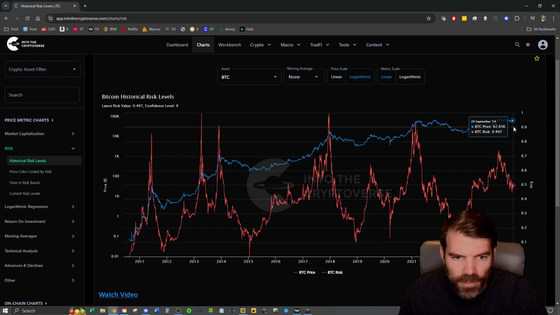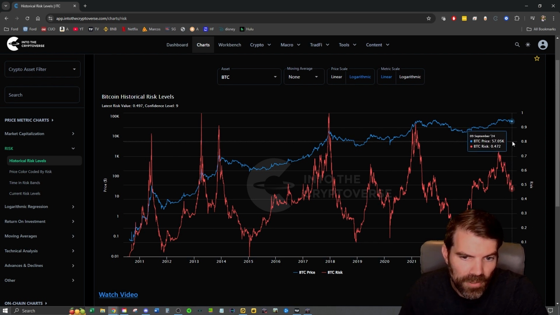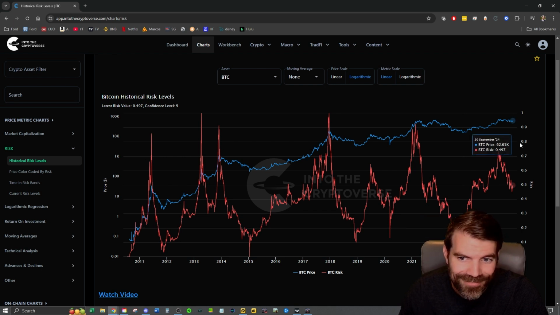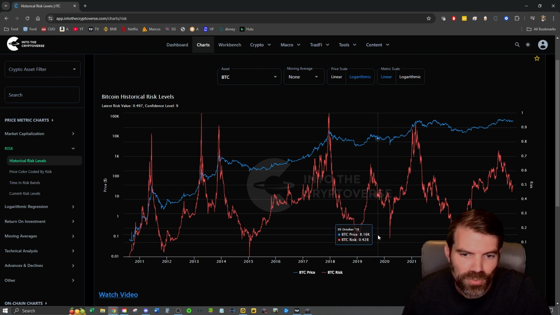So you can use this metric, and it is very useful. I'm going to be using this mainly for my Bitcoin trades to know when I'm going to be getting out. It also works in the inverse. You can use it to buy as well. So if you were purchasing Bitcoin, for example, in 2023 for $16,000 and a risk of 0.2, you'd be doing really good, right? And then if you sold up here, let me use an example from the 2021, right?